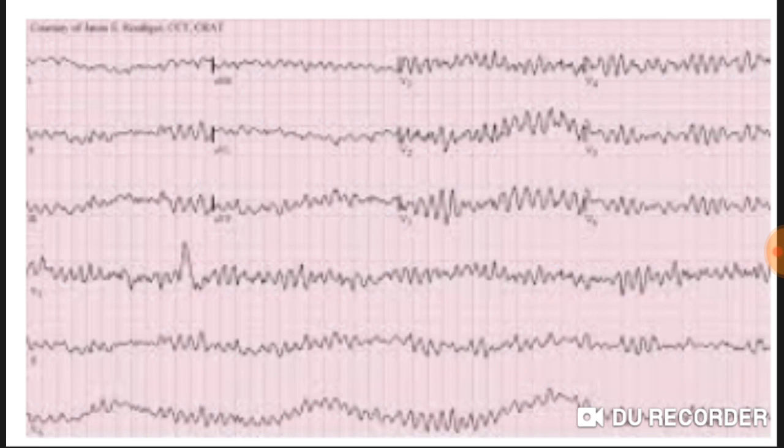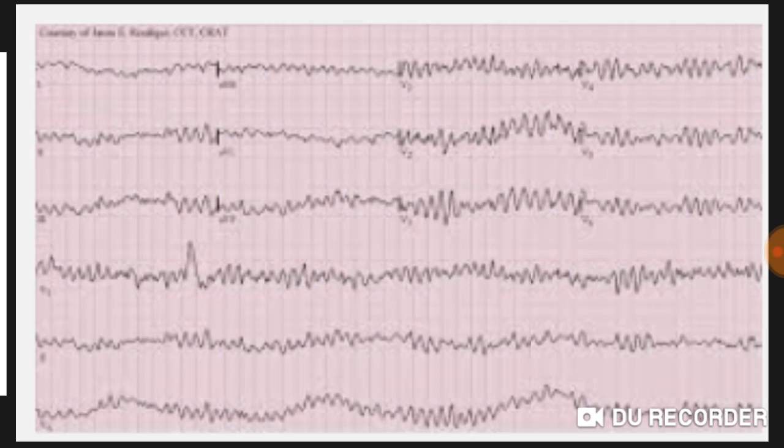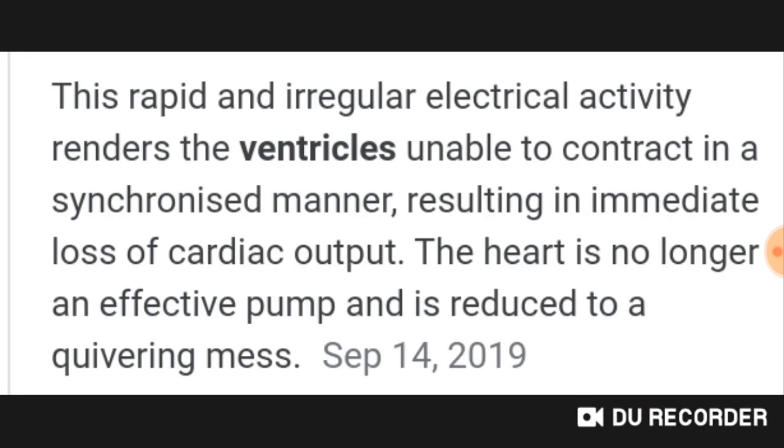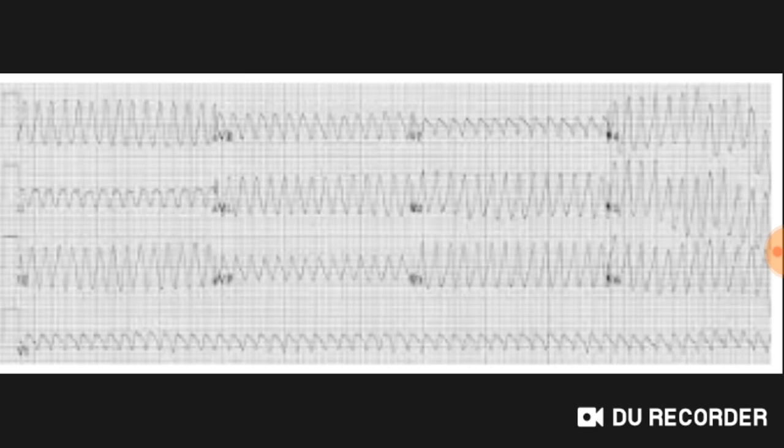Okay. Now, what is this rhythm? This is ventricular fibrillation. A rapid and irregular activity renders the ventricle unable to contract in a synchronized manner, resulting in immediate loss of cardiac output, and the heart is no longer an effective pump. Okay. What is this?